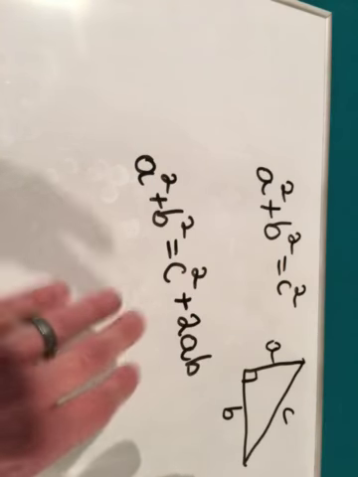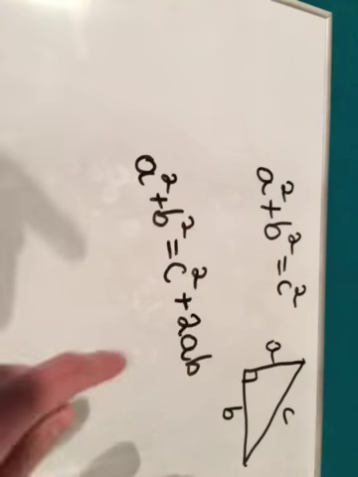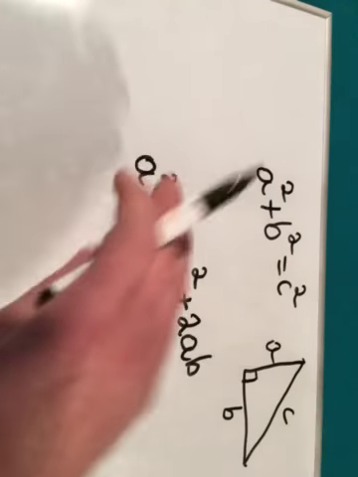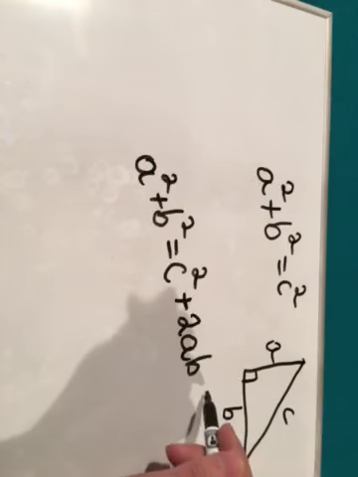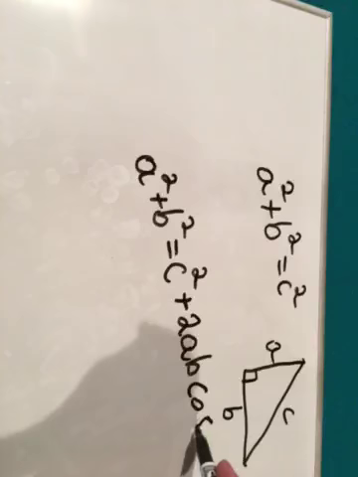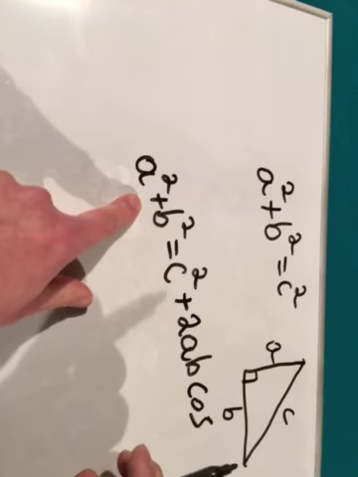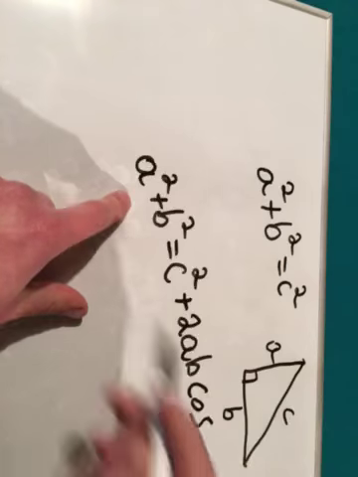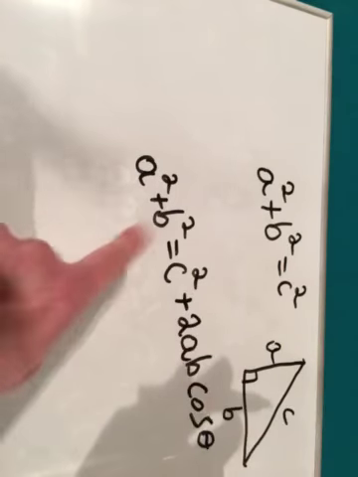You never need to memorize the law of cosines. Because what I'm showing you here is the Pythagorean Theorem, and it's a squared plus b squared equals c squared plus 2ab, and then it's times the cosine of the angle between A and B. Between A and B, and we can call that angle theta. But theta is the angle between A and B.